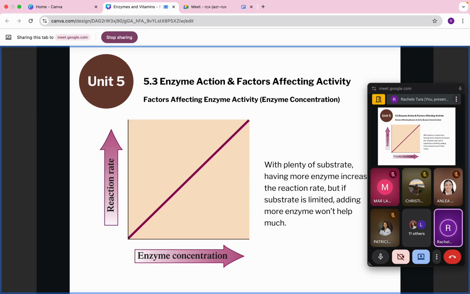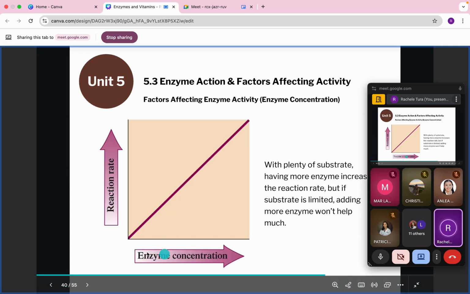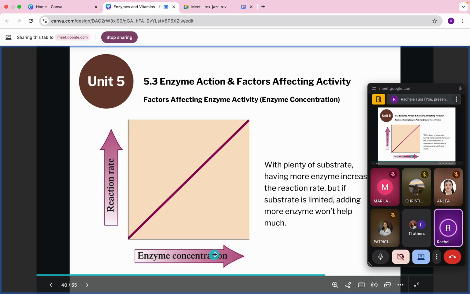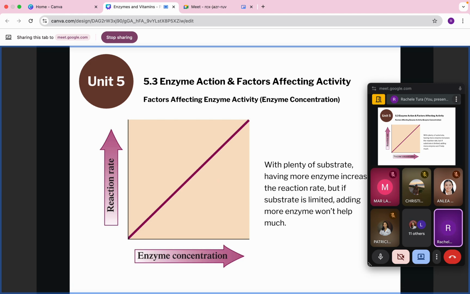If you keep the amount of substrate the same, as we can see here with enzyme concentration and reaction rate, and there's enough substrate, adding more enzyme to the system will increase the reaction rate. Why do you think this is so? It is because more enzyme molecules are present to work on the substrate.